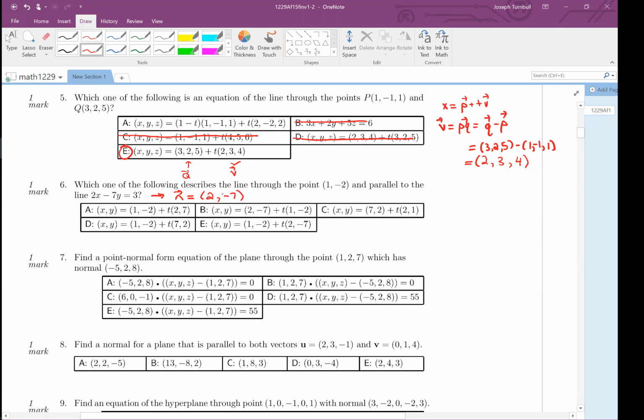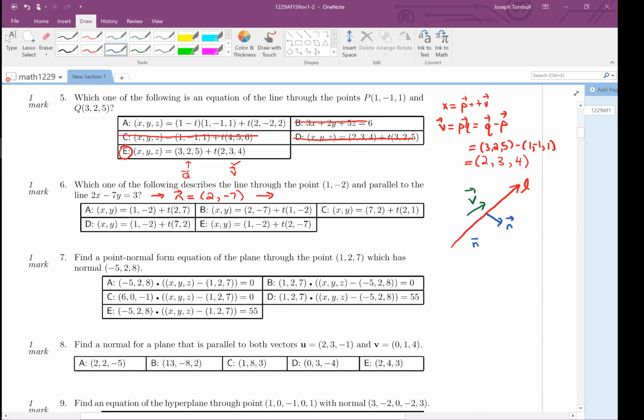We want to find an equation of a line that goes through the point 1, 2 and is parallel to this line. So if we're going to write our line in point parallel form, like all the options that are given, we need to take the normal vector and find a corresponding direction vector. I'm going to draw a diagram. I'm doing a lot of stuff you don't have to do on your exam to answer these questions. I just want to explain where these ideas come from. So a line L has a direction vector v and it has a normal vector n.